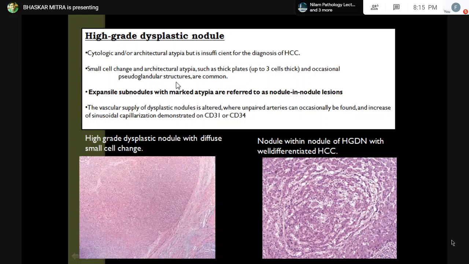May show pseudoglandular architecture. Sometimes there may be expansile subnodules with marked atypia seen within these nodules. They are termed nodule in nodule appearance. These are nothing but well-differentiated hepatocellular carcinoma developing in a high-grade nodule. These high-grade dysplastic nodules show a bit more cytological and architectural atypia.